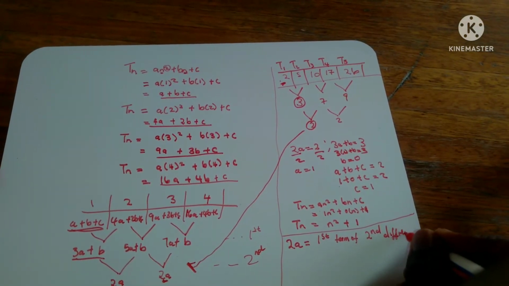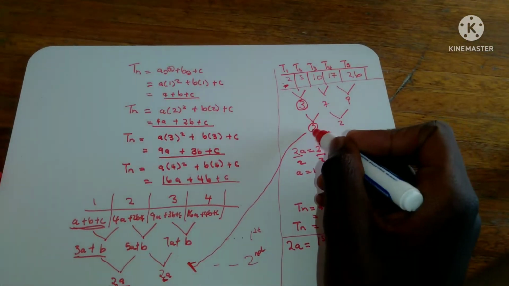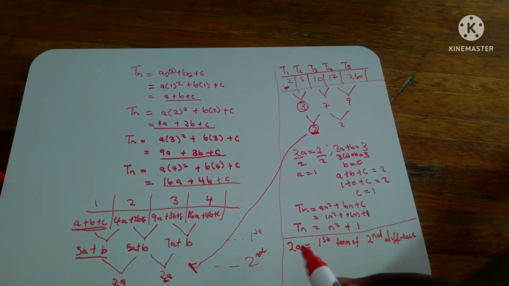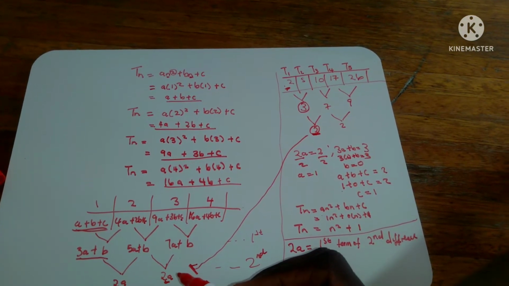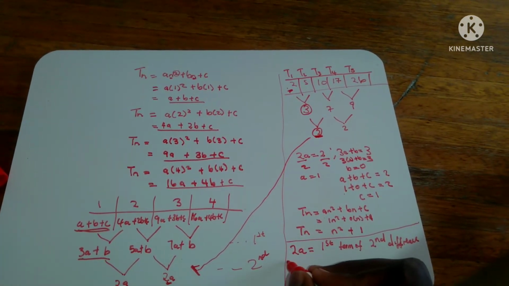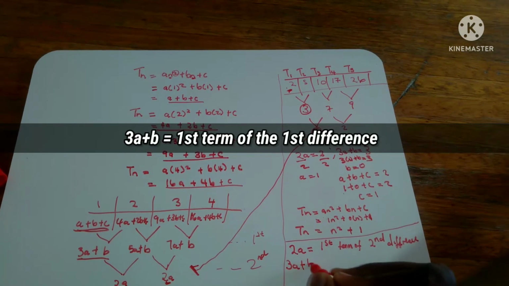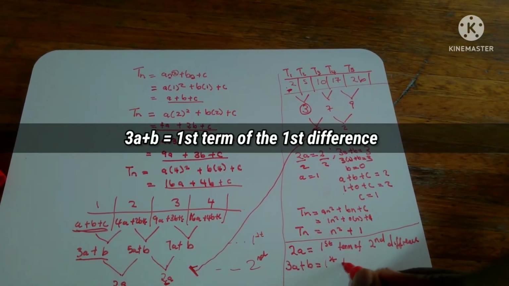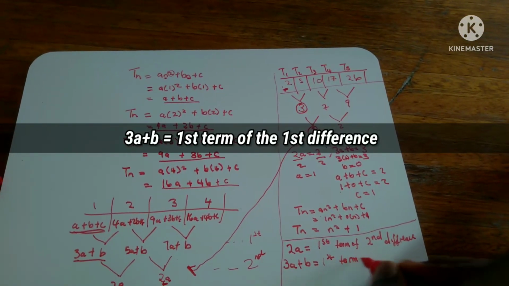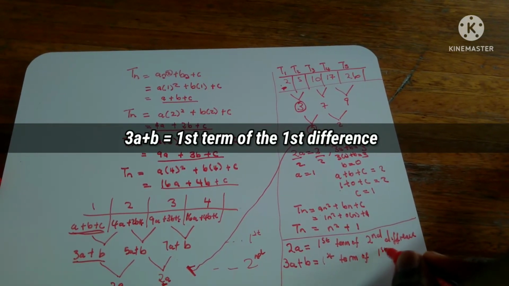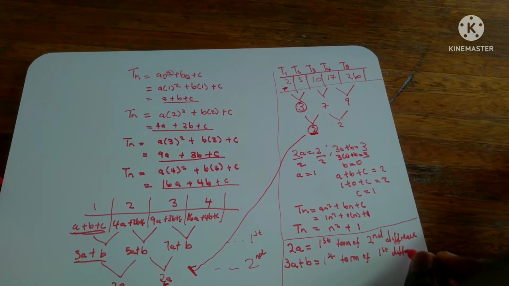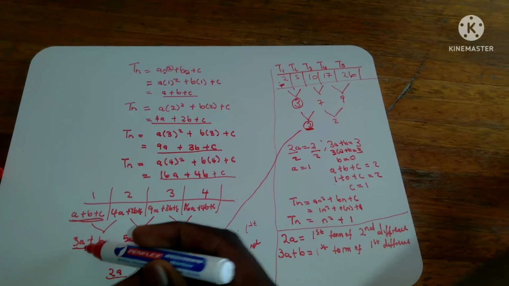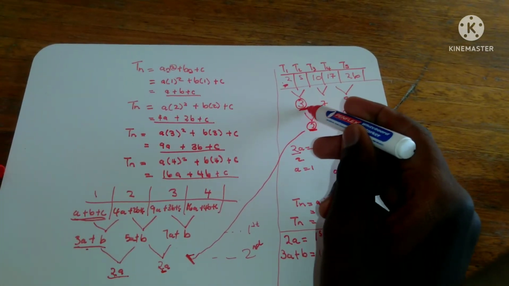So it means this term here, the very first term of the second difference in any pattern, will be equal to 2a since we generalized it there. And then it will mean that 3a plus b will be equal to what? To the first term of the first difference, because we generalized it here that 3a plus b will be equal to this term.